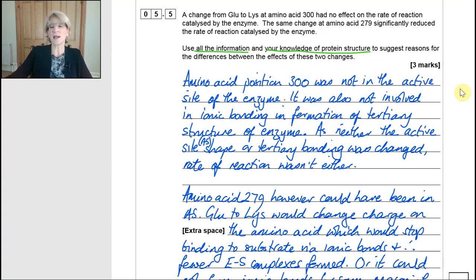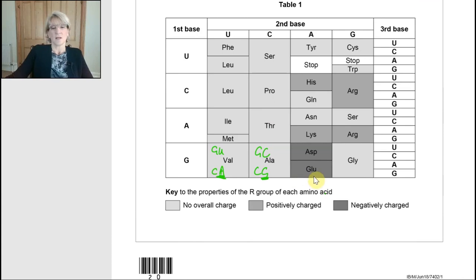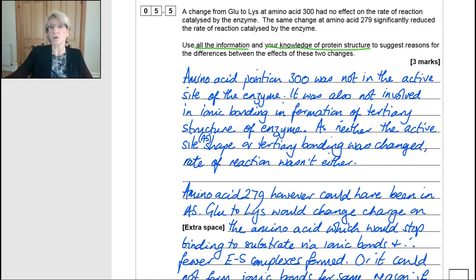Now here I am using all of the information. The table shows us that glutamine is negatively charged and lysine is positively charged, and therefore that would have an effect on only one type of bonding, and that would be ionic bonding.